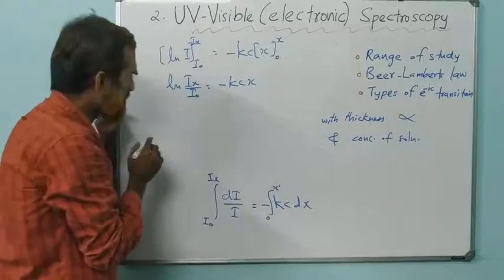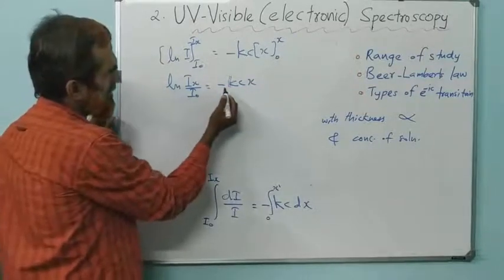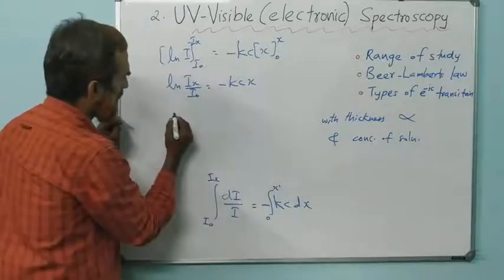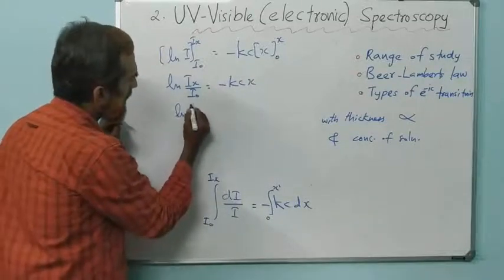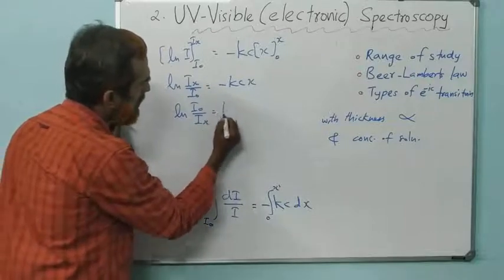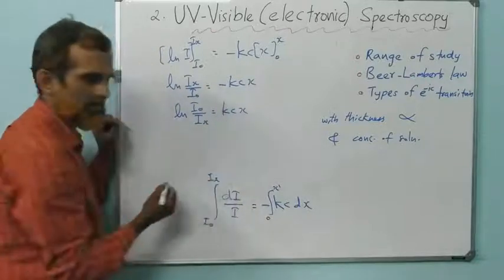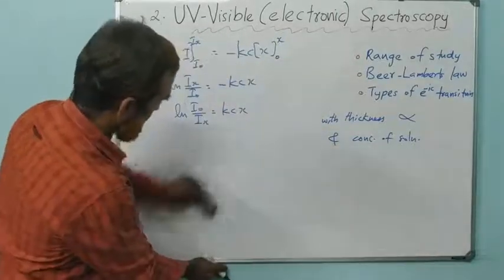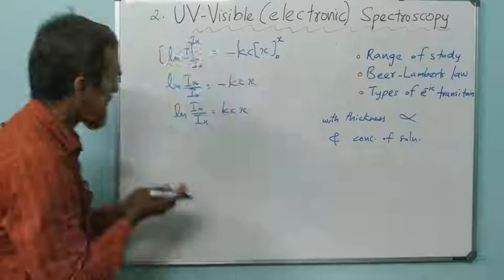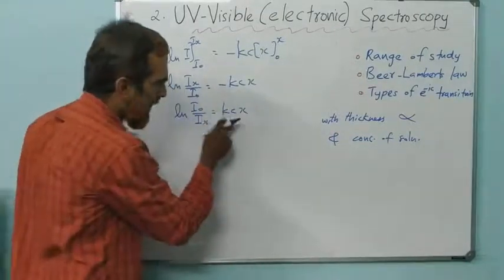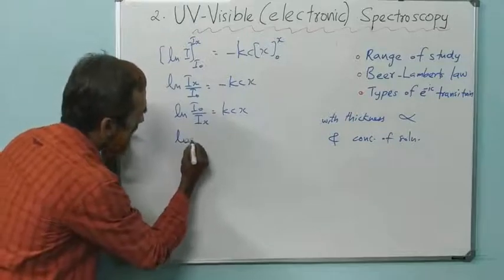Right? Now, we can take this negative to this side and take the reciprocal. What do you get? Log I0 by Ix is equal to kcx. We know that mostly we represent this in common logarithm, multiplying by 2.303 here and taking to the other side. You can write the equation now.